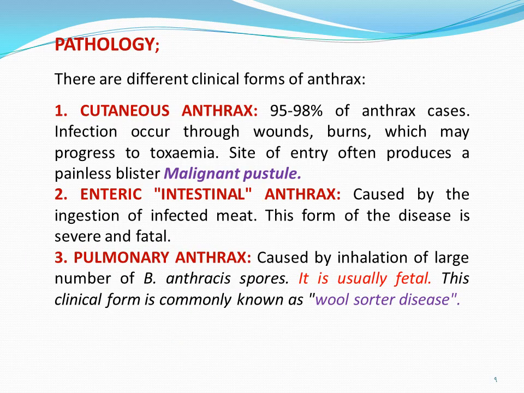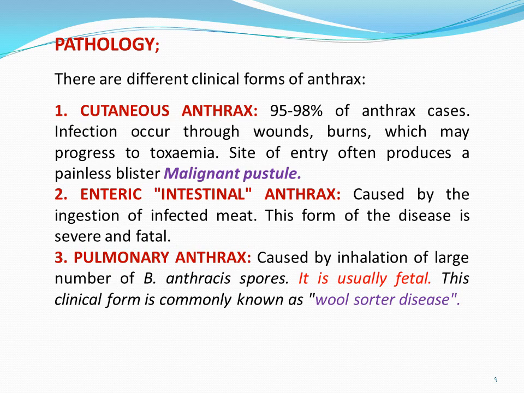The pathology. There are three clinical forms of anthrax: cutaneous, enteric, and pulmonary. Cutaneous anthrax accounts for 95 to 98% of anthrax cases, which occurs through wounds or burns, which may lead to toxemia.